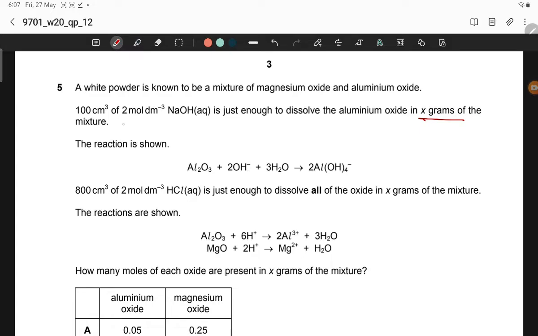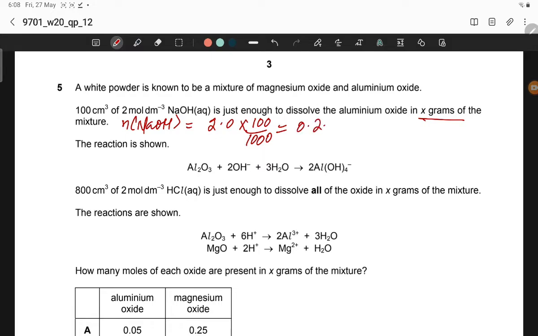Let's calculate moles of sodium hydroxide, which is equal to 2 into 100 divided by 1000, is equal to 0.2.